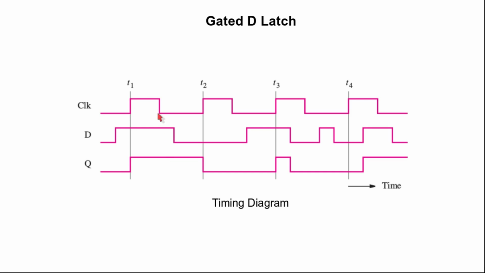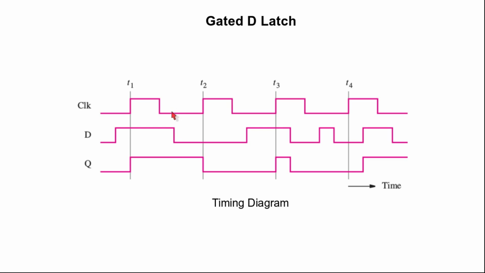Now at this point clock changes to 0. So when clock changes to 0, from that point onward there will be no change in the Q output up to the point where clock again goes back to 1. So from this point up to T2 there will be no change in the Q output even if D changes. So here D is changing from 1 to 0, but we don't see Q changing.